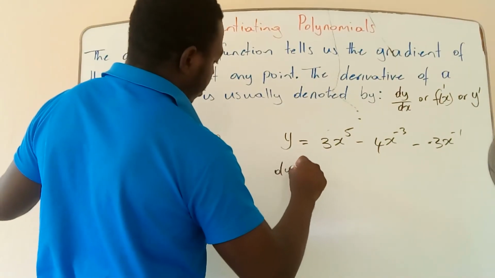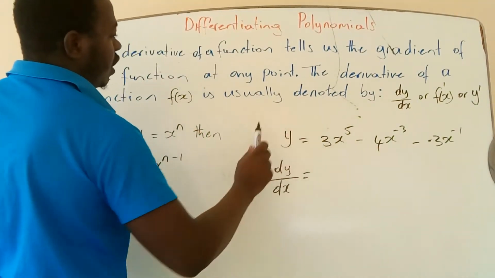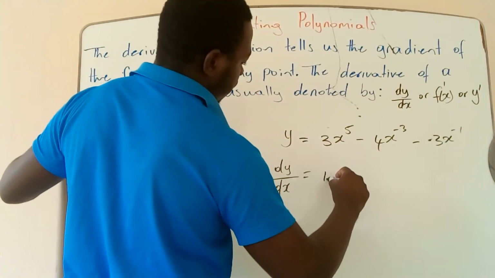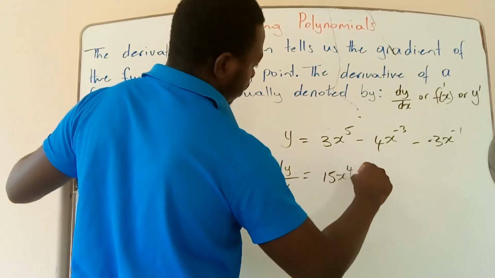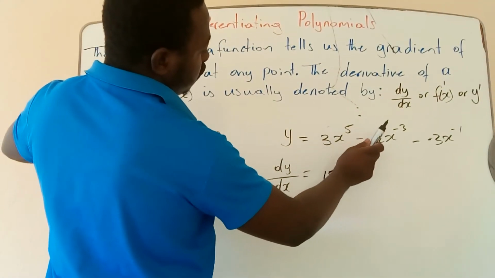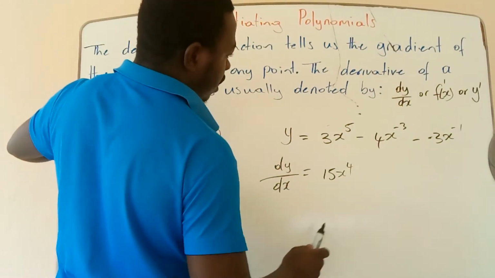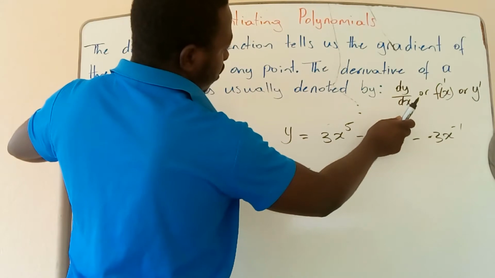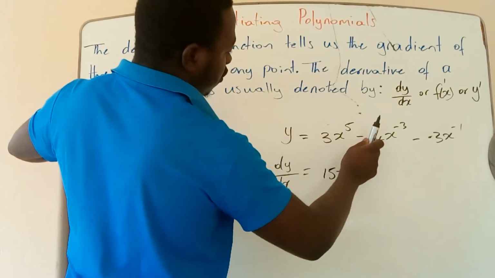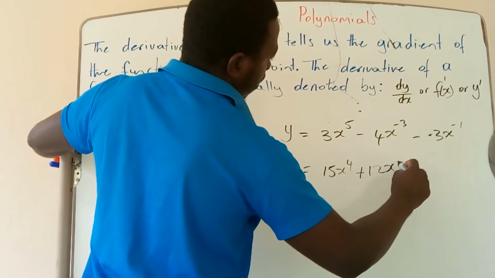Then dy by dx is equal to 5 times 3 is 15, so that is 15x to the 4th. Now, when you differentiate minus 4x to the negative 3, then negative 3 times negative 4 is going to give you plus 12x.